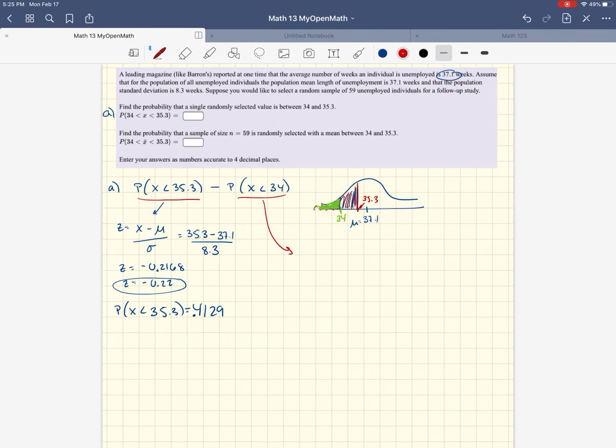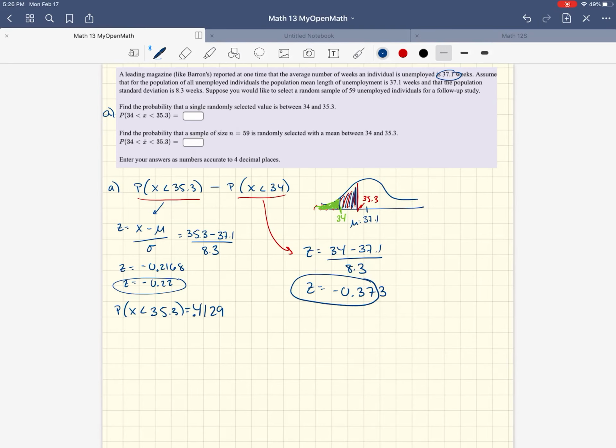Okay, on to this one. The probability that x is less than 34. Let's do the same thing: 34 minus 37.1 over 8.3. When we plug this into the calculator, we get negative 0.373. Z-scores again don't get that close, so let's just do negative 0.37.